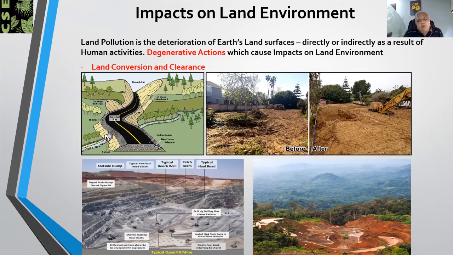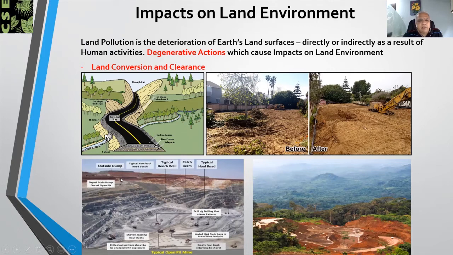Now, what we see below are pictures of two open cast mines. The site on the left is an active open cast mine, where we can see a number of trucks and dumpers trying to excavate and remove the mineral from the bottom of the pit which is created.